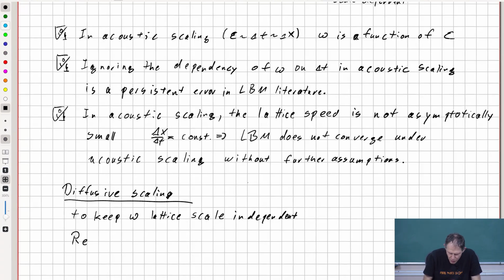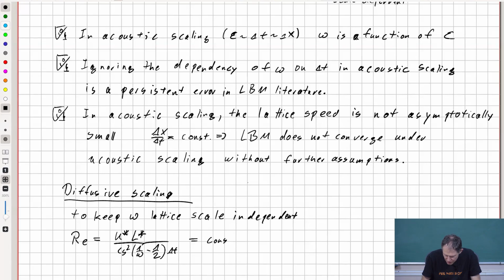So for this to work, we have to look at the Reynolds number, U star times L star divided by CS square 1 over omega minus 1/2 into dt.